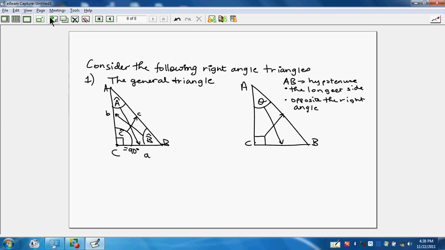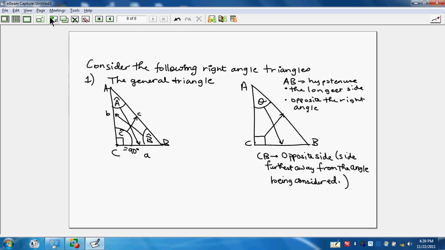So CB will be the opposite side, and it is the side furthest away from the angle being considered.